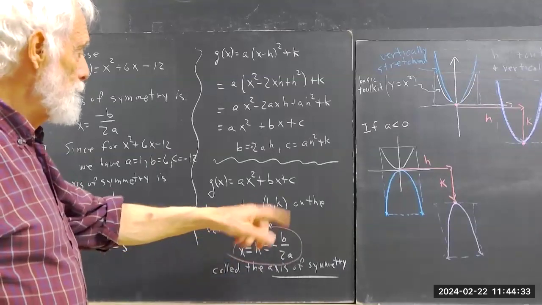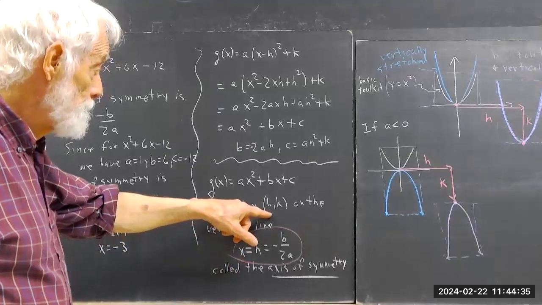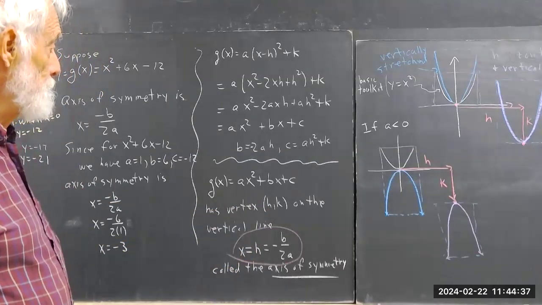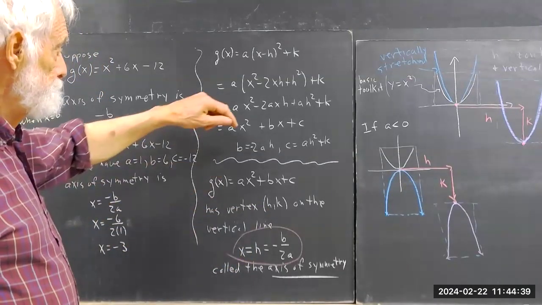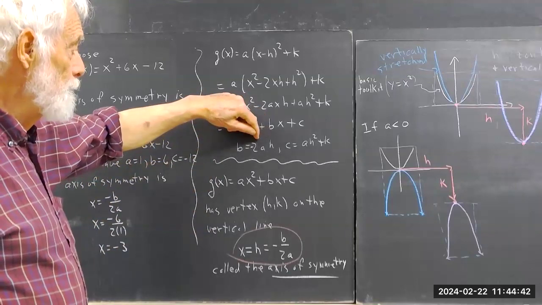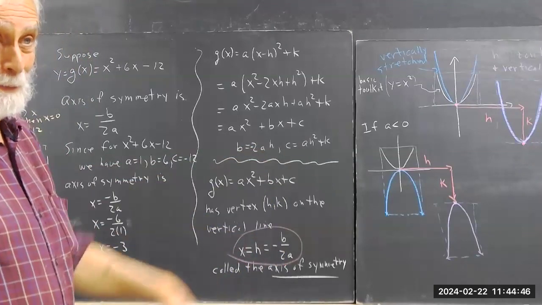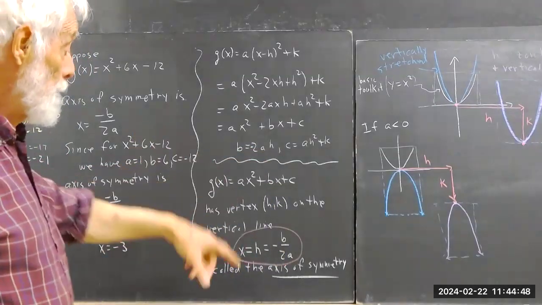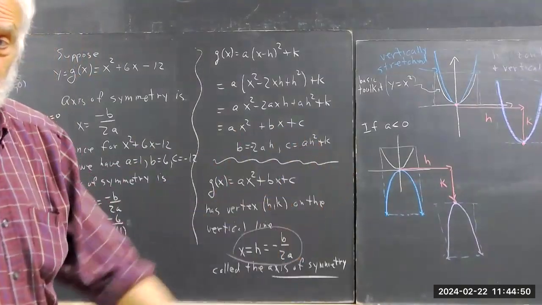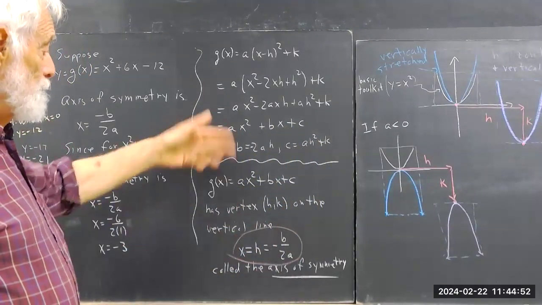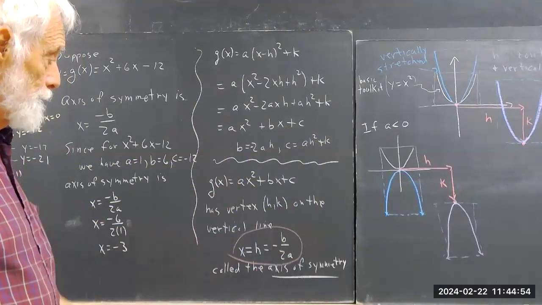Why is it at hk? Well, it's at h because b is negative 2ah, and if you divide that by 2a, you get h. Okay? That's why. And as I said in my MDE 61 class, you don't totally have to understand that right now.